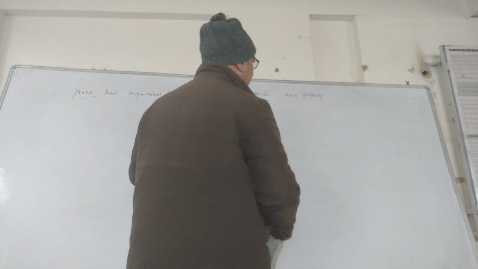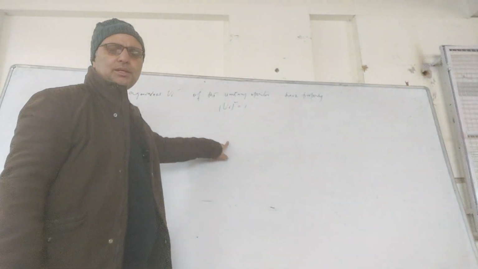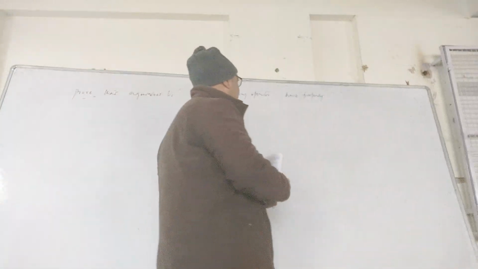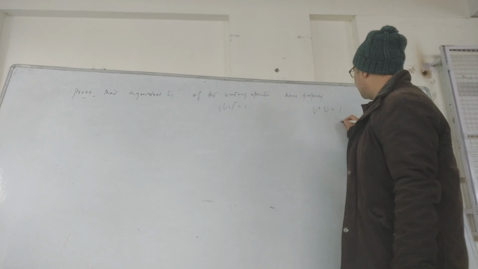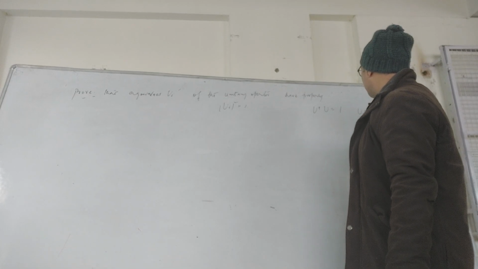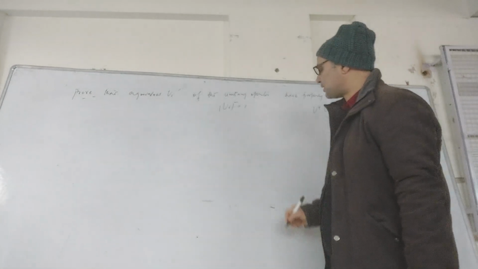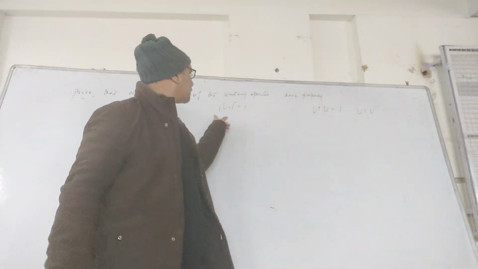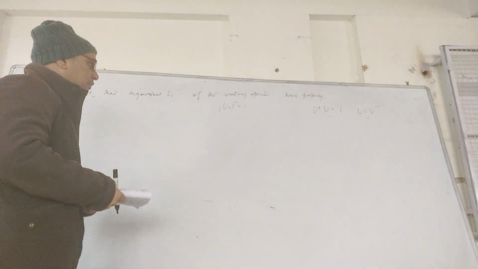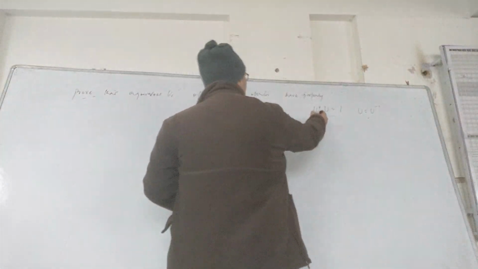You can see it: if it's a unitary operator, u dagger u is 1, so u is equal to u inverse. Since it's a Hermitian operator, you can have u dagger u, you can have u square, also ui square is also 1.